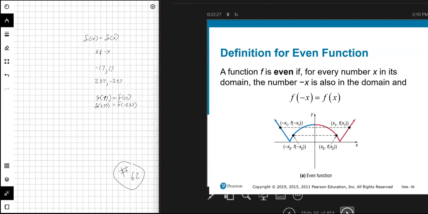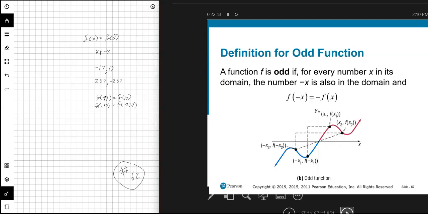Now, something that results from this, once you start graphing it, and you can kind of see it in that graph, is that it's going to be symmetric with respect to the y-axis, but we'll get back to that.